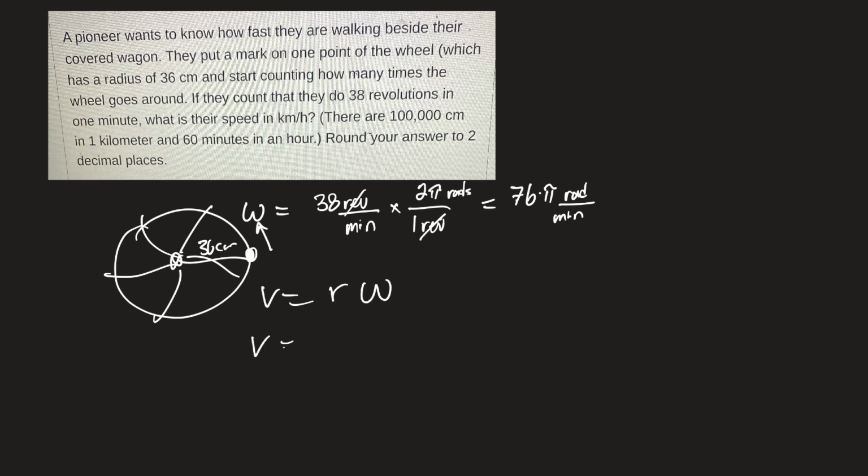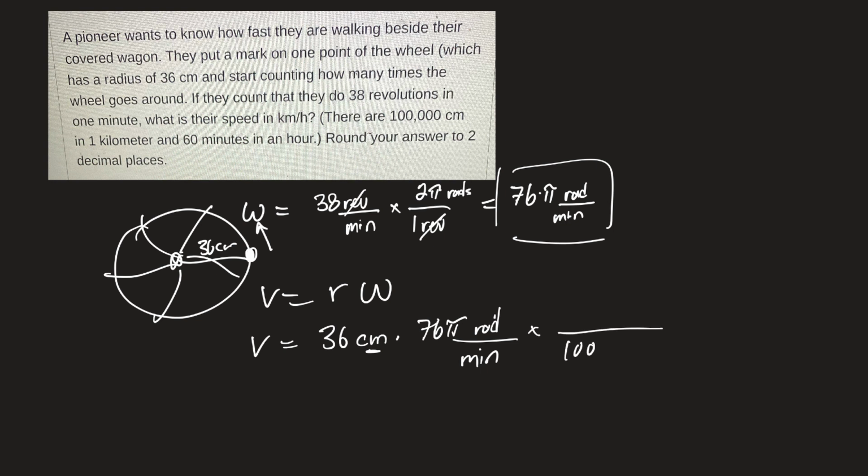So velocity is equal to the radius, 36 centimeters, times the angular velocity, 76 pi rads per minute. But they want their speed in kilometers an hour. So let's change these centimeters first.